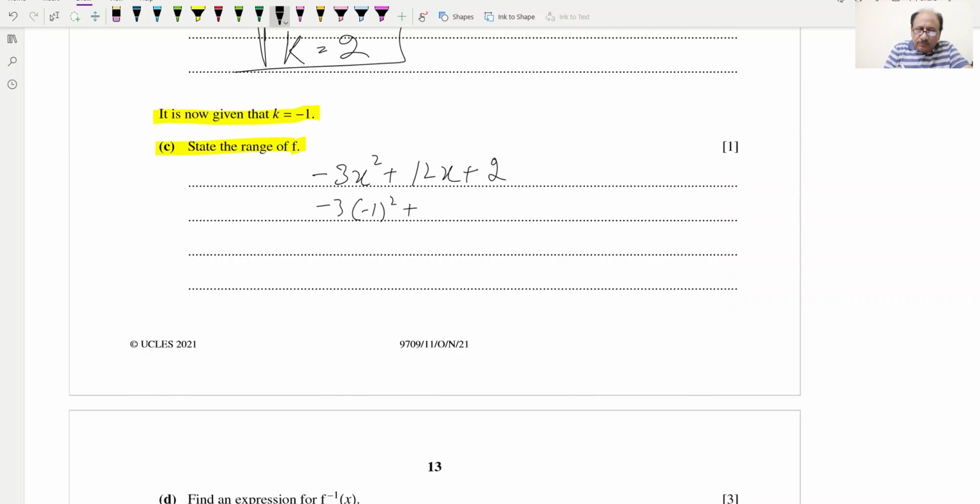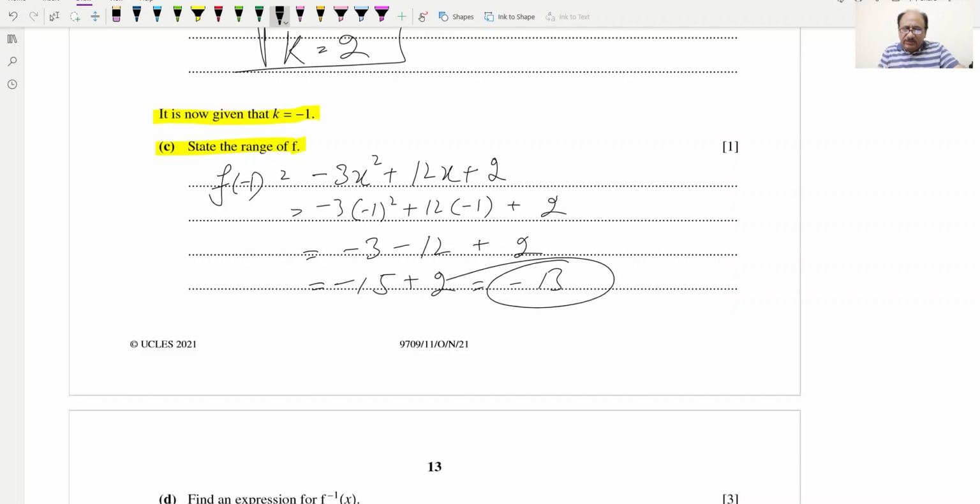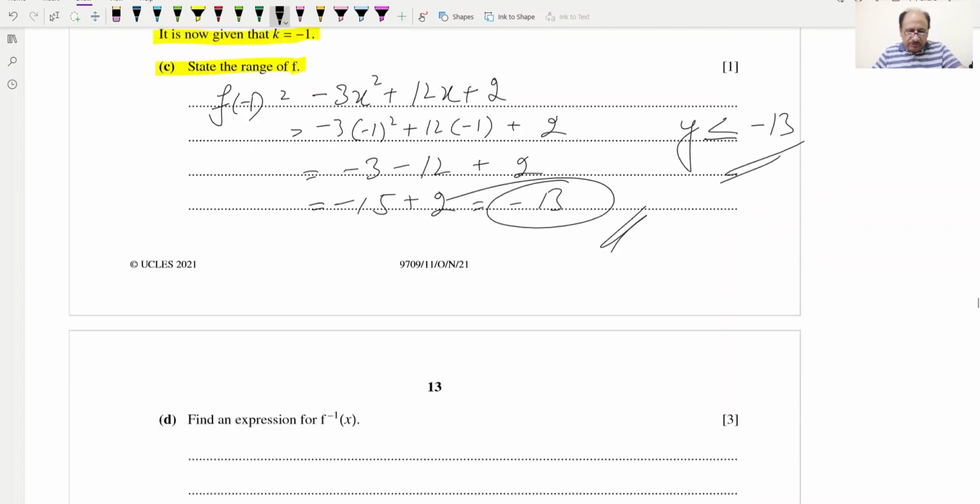So minus 3 times minus 1 squared plus 12 into minus 1 plus 2, and this will give us minus 3 minus 12 plus 2, which is equal to minus 13. So minus 13 will be our answer, so we can write y is less than or equal to minus 13.